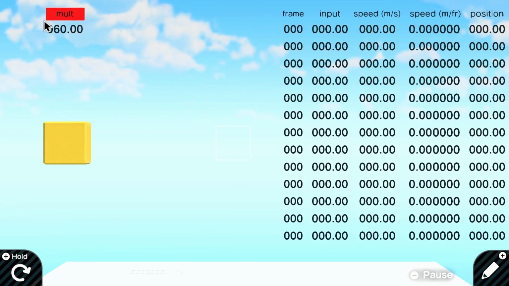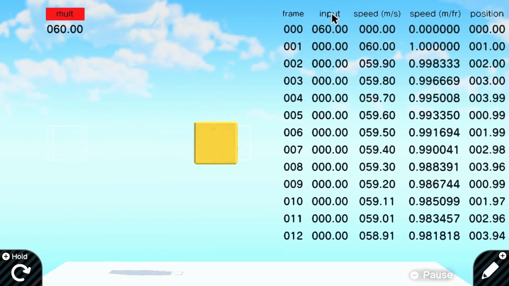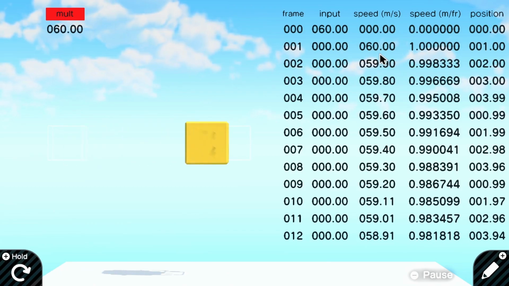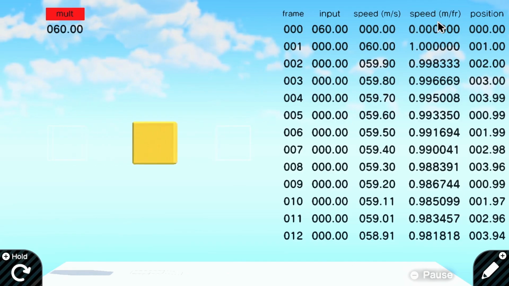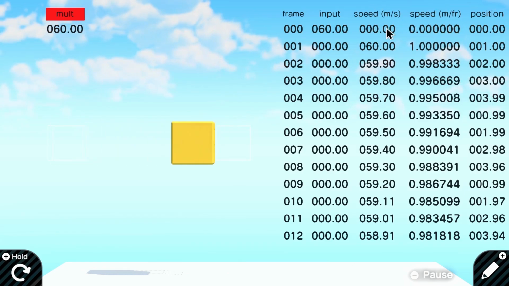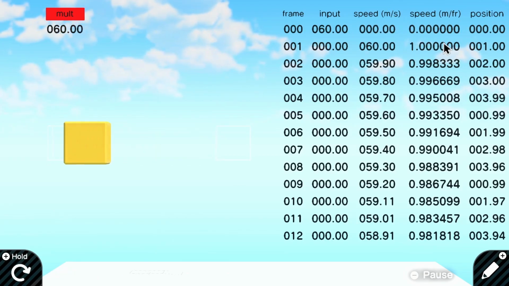Let me just send it for 1 frame. Here we can see the input is 60. In the next frame, the speed immediately goes to 60 meters per second, and the speed in meters per frame is going to be exactly 1. Since there are 60 frames per second, to get the speed in meters per frame, you just divide the speed in meters per second by 60. And that's exactly 1 meter per frame.